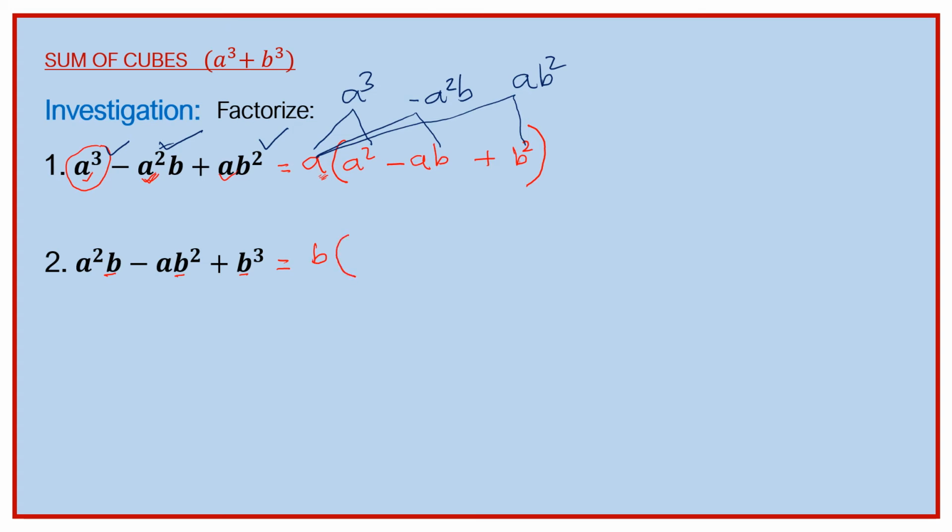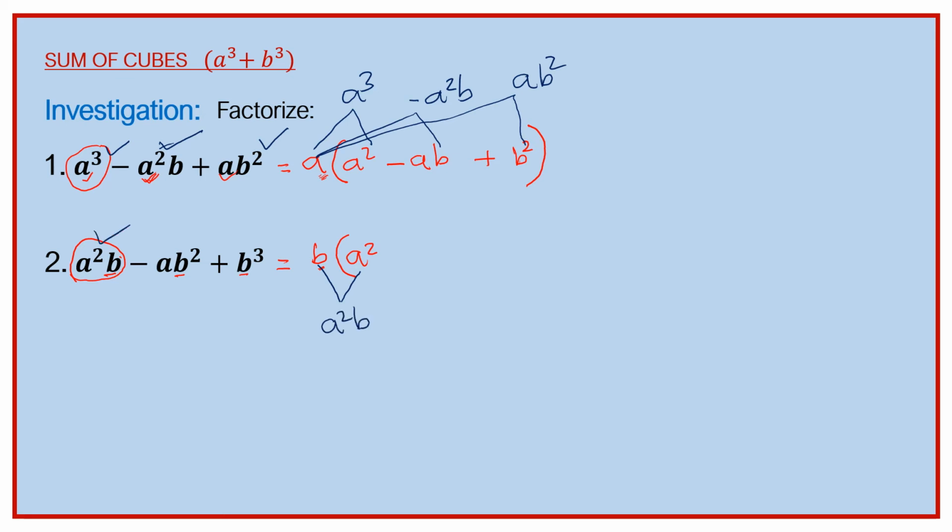Now we need to write this one, a squared b. So I write a squared. But already I have b here, such that you will see that a squared and b will give me a squared b, which is this one.